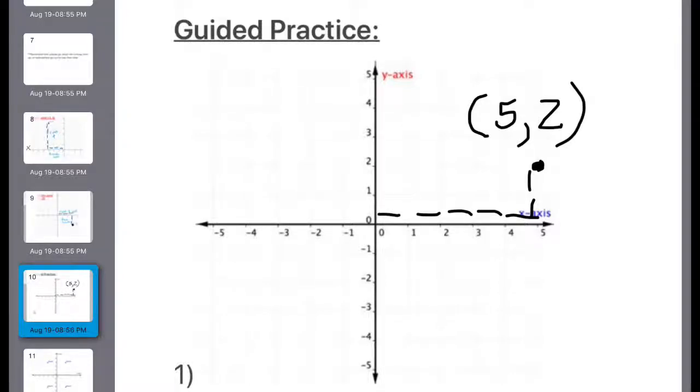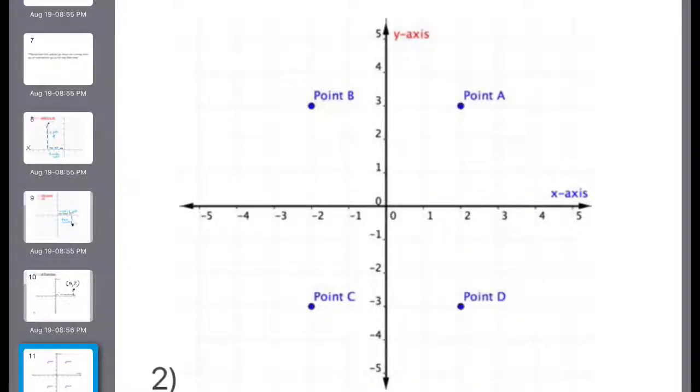Let's try another. Pause the video and tell me what is the ordered pair for point B. Pause the video and try point B on your desk. Point B is to the left of 0.